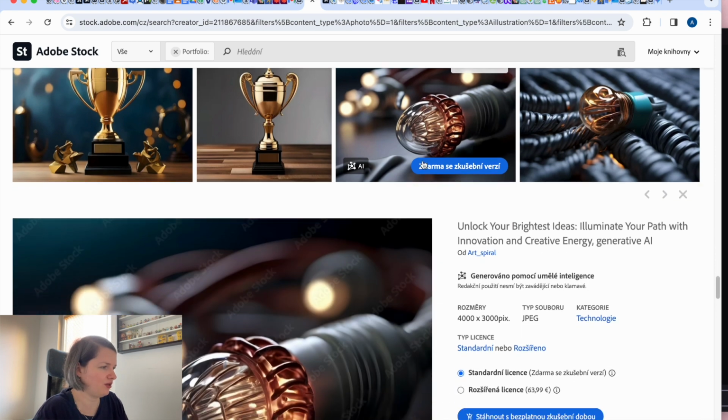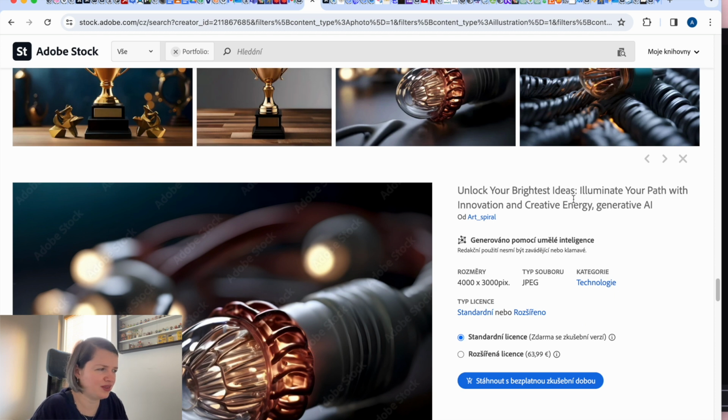And also here you have "brightest ideas." The bulb is supposed to signify having an idea, and this bulb doesn't do it for me.